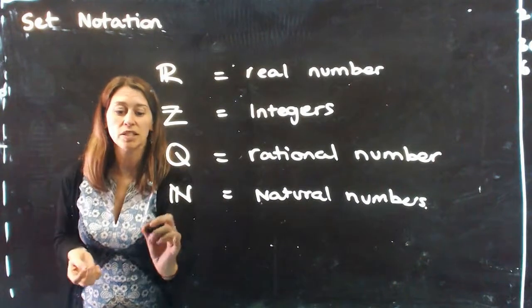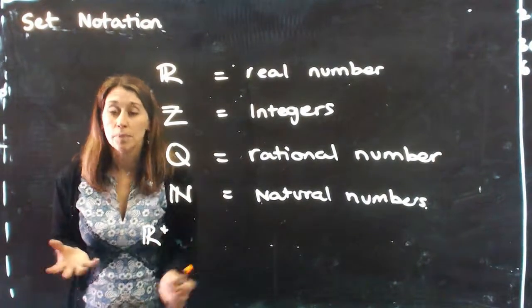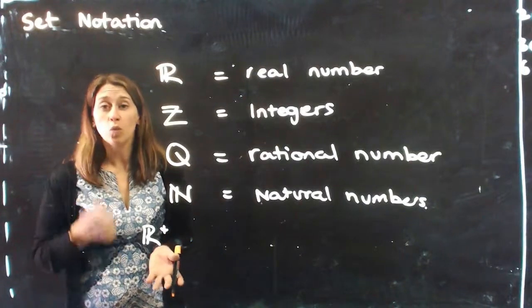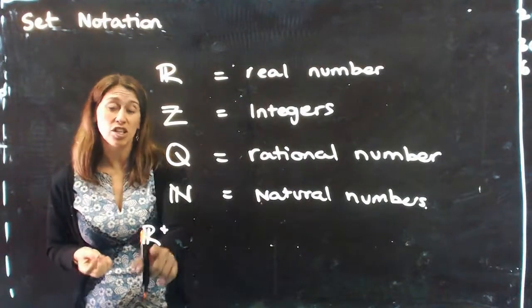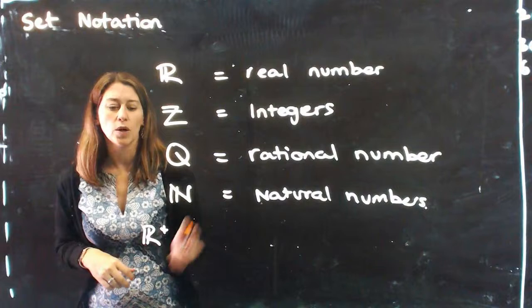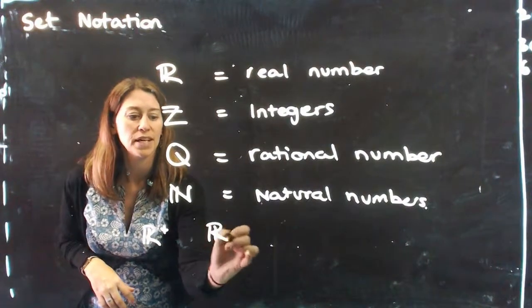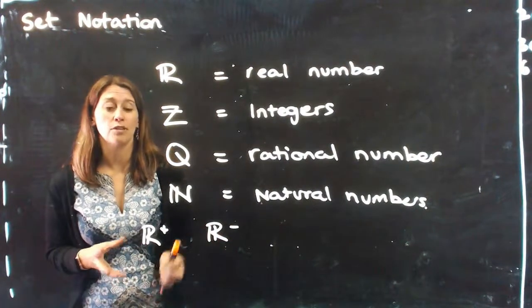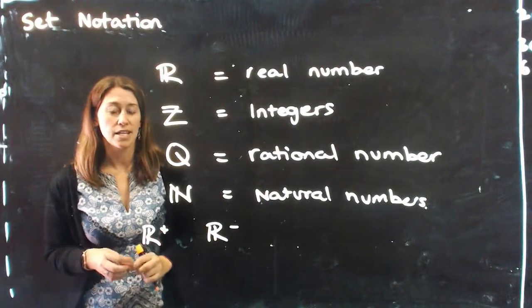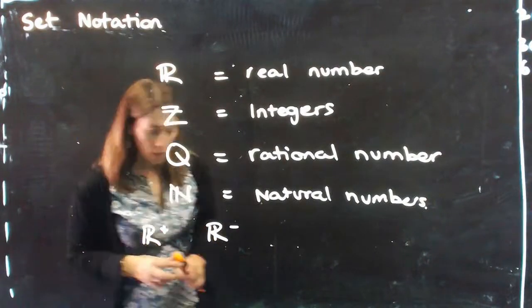We have positive real numbers, and it might be that if we're describing what numbers work for a particular function, it may only be positive real numbers. Or we have negative real numbers, so you can separate real numbers into positive and negative as well.